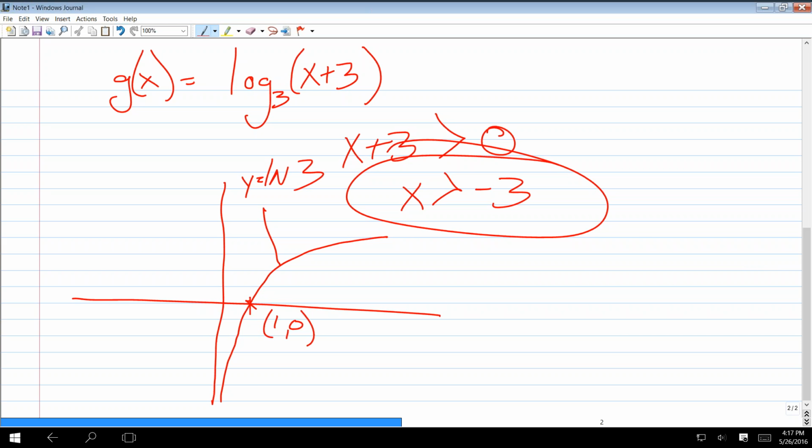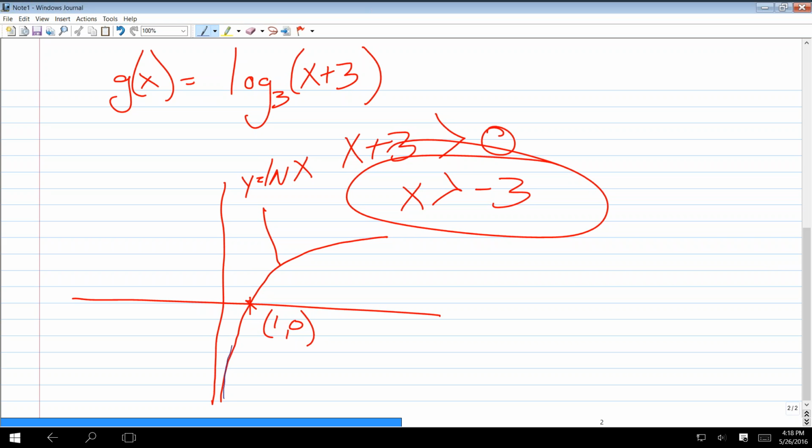All logs do. It doesn't matter whether it's, excuse me, I meant to write natural log of x, but whether I'm graphing natural log of x or log base 3 of x or common log of x, they're going to look just slightly different from one another.